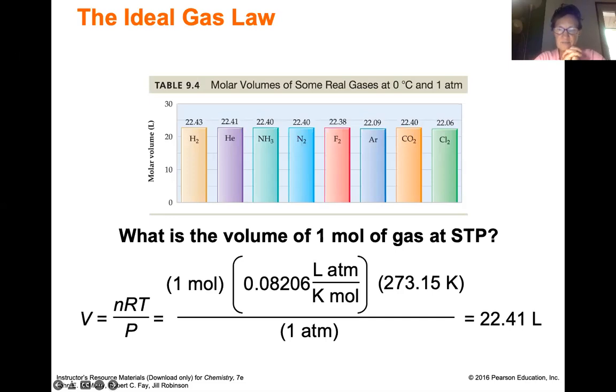And our standard pressure is 1 atm. So if you look at everything in that equation, the moles cancel, the kelvins cancel, and the atmospheres cancel, and you end up with 22.41 liters, which is very, very similar to these experimentally measured molar volumes for gases.